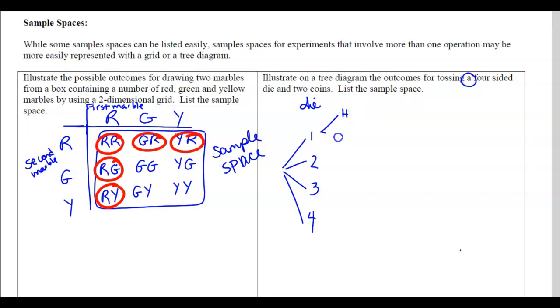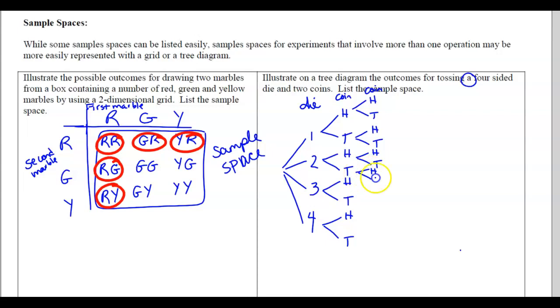So heads or tails, heads or tails, heads, tails, heads, tails. And then for each of those, the next coin, so this is a coin, and then another coin. Heads or tails, heads or tails. Got to kind of squish it in down here a little bit.